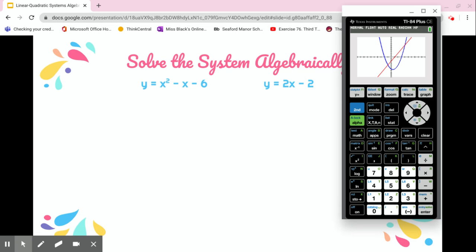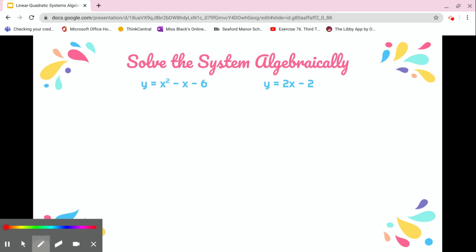Now, sometimes these systems might have irrational points of intersection, so you might have to use the second calc. But it's always good just to have the answer written down. So you do second calc, go to intersect, make sure we get our intersection point, go over, press enter 3 times. So our first point of intersection is going to be -1, -4.